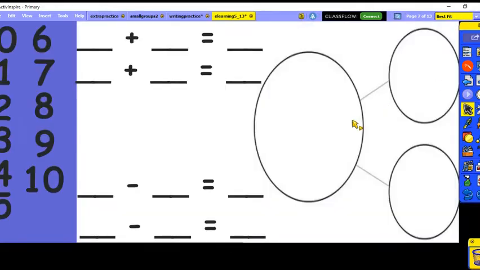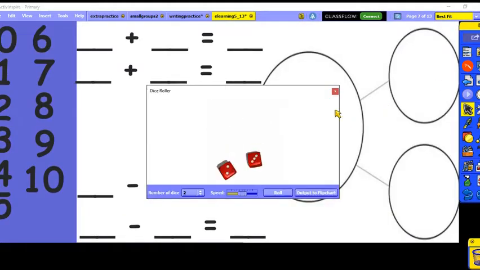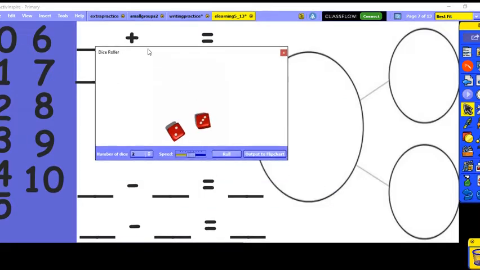Okay, let's do a number bond today with some fact families. We've got 3 and 2. Those are going to be our two parts. We've got 2 on one dice, 3 on the other. How many is that? 3, 4, 5.